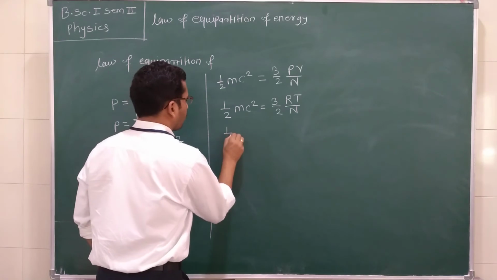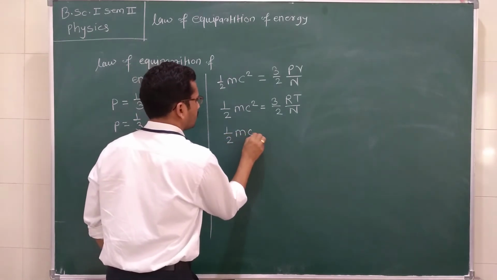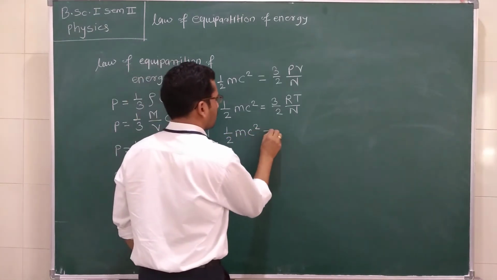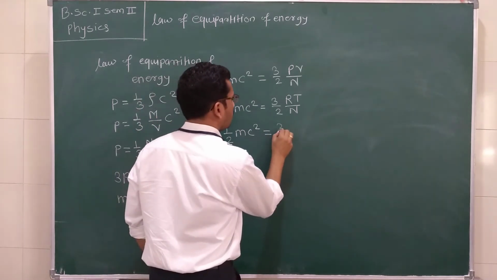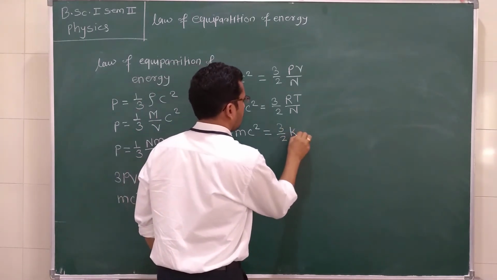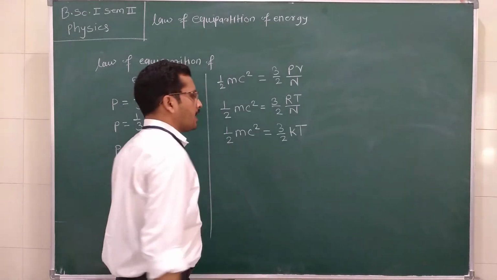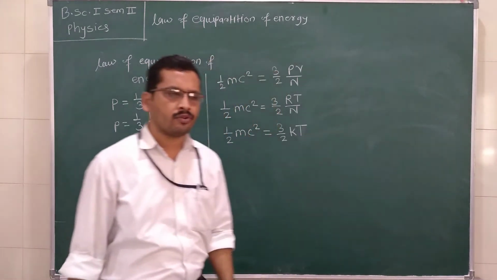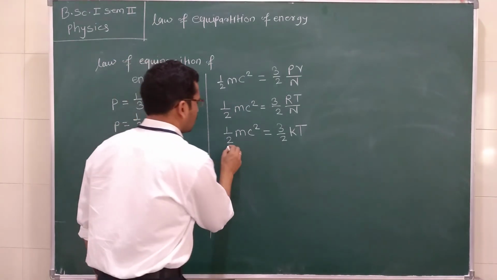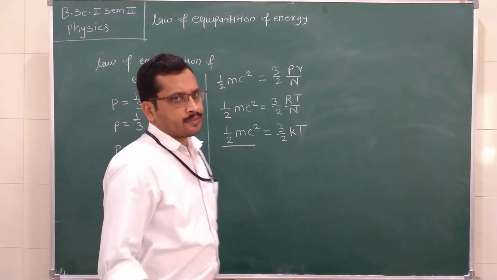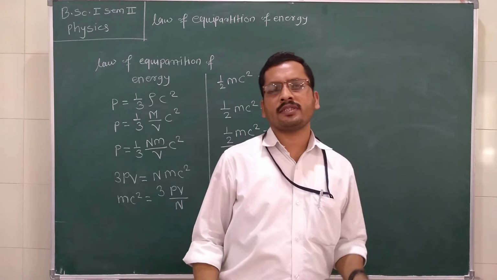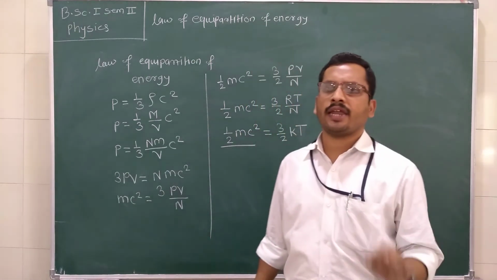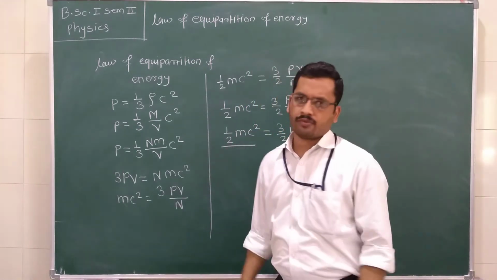So 1 by 2 m C square is equal to 3 by 2 kT, where k is the Boltzmann constant and T is the absolute temperature. Now what is this 1 by 2 m C square? This 1 by 2 m C square is the average kinetic energy of a gas molecule.